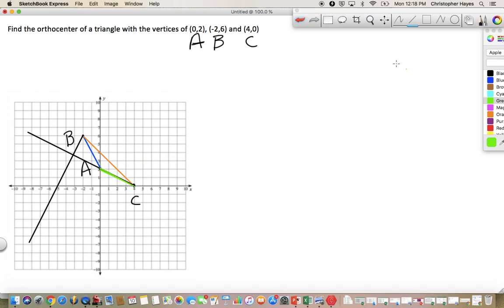Okay, now, step 1. I'm going to find the slope of AC. Okay, so to do that, slope is rise over run, or my y1 minus y2 over x1 minus x2.